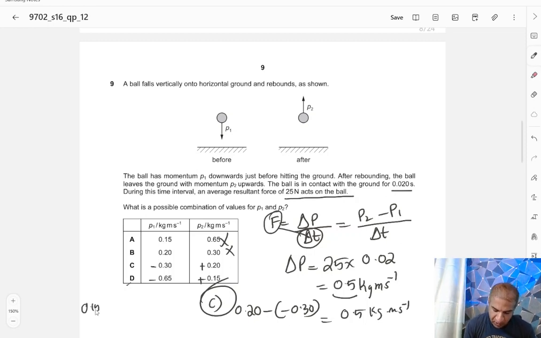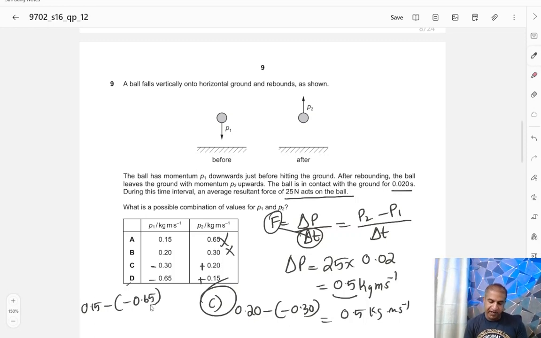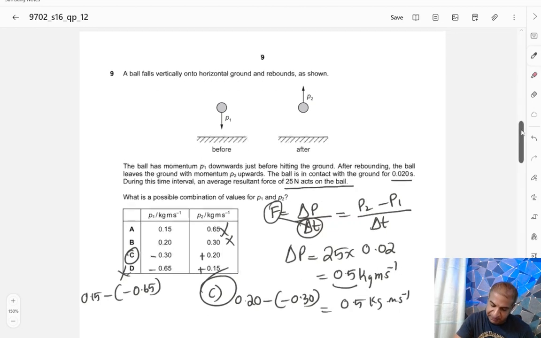So 0.15 minus brackets minus 0.65. So this is going to be 0.15 plus 0.65, and that gives me 0.8. So obviously D is not going to be the right answer. C is the right answer. My God. You have to be very careful with respect to the directions. Let's just move on to the next part.